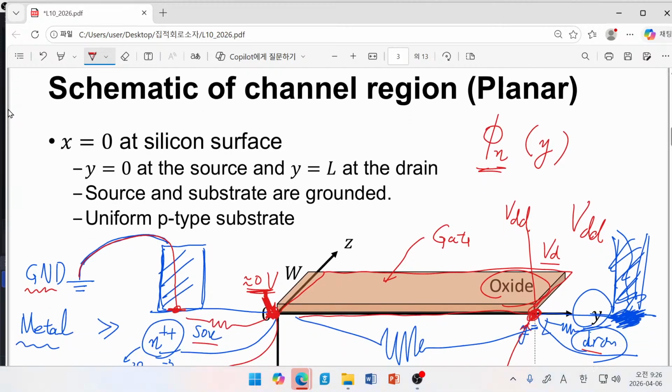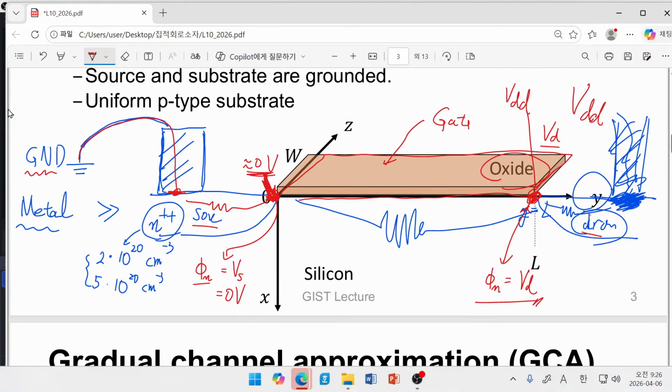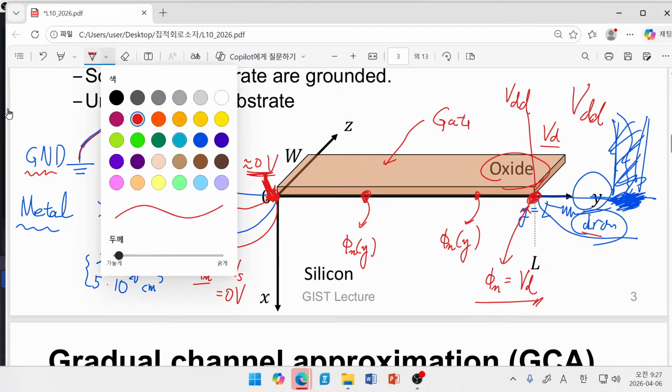Then maybe you can ask me this question. Okay, now I understand. It is very important to know what is the value of the electron quasi-Fermi potential at a different position. Now we will try to solve this one. But before starting the discussion, I have, or you may have, quite an obvious question, and please have a look at this point.